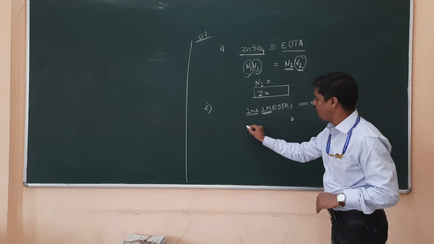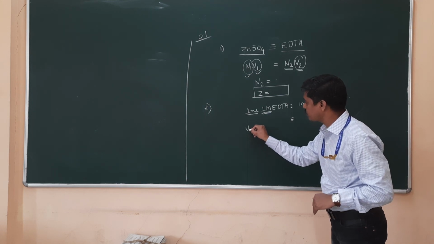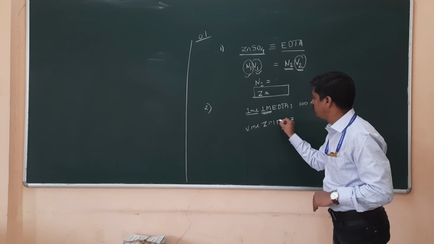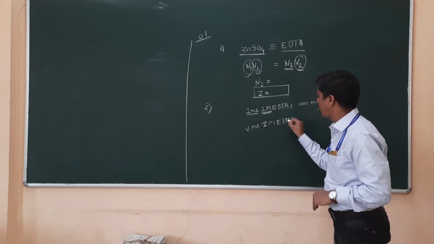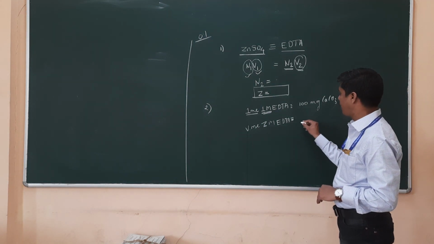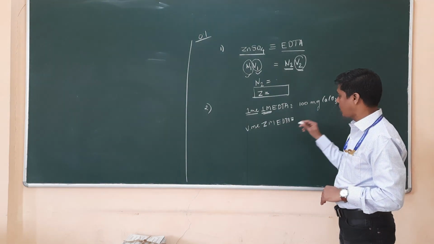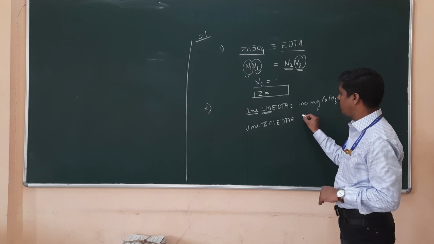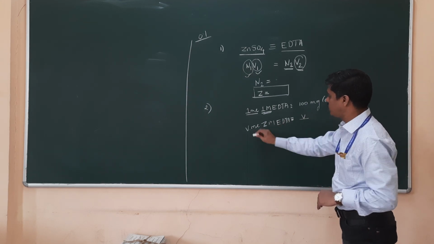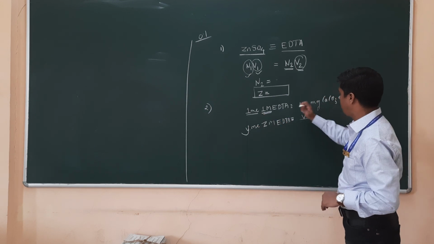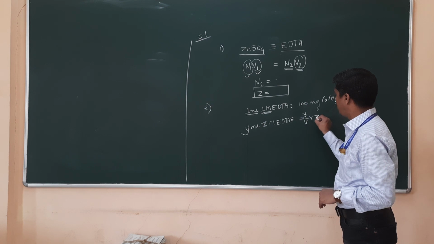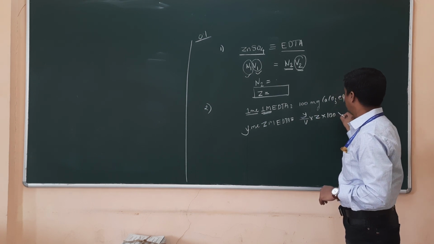Okay, so if you have V ml Z molar EDTA, then for calculation of per liter you have to divide by V and multiply by 1000. So same thing we have studied in calculation. So it is V by, so burette is Y ml, sorry not V. V ml we have taken for titration. So Y upon V into Z into 100 into 1000.